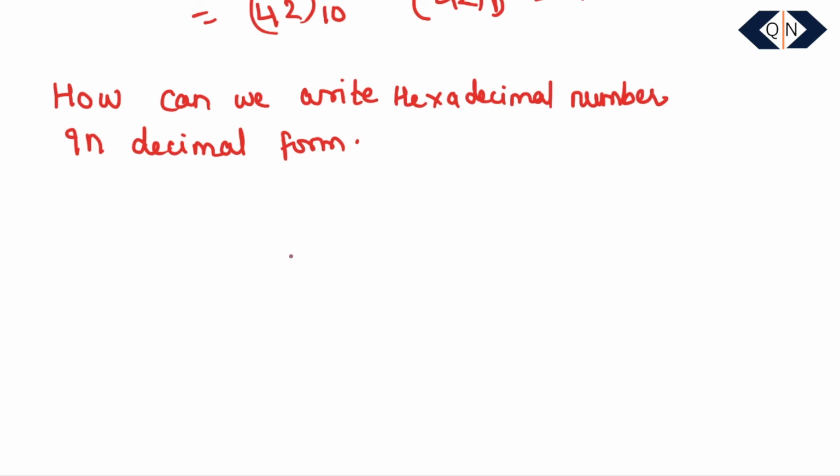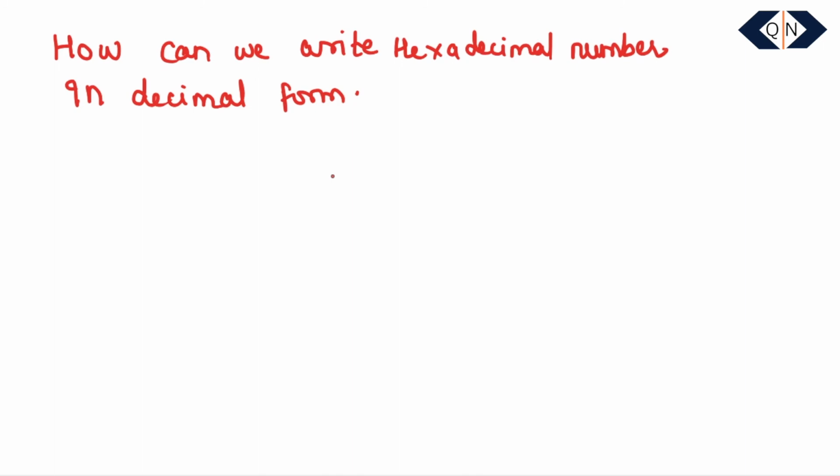So hexadecimal consists of 16. In the decimal, we have already seen the digits 0, 1, 2, 3, 4, 5, 6, 7, 8, 9. Since we will be having 16 digits, how are we going to represent them? It means 16 symbols should be there. These are all symbols 0, 1, 2, 3, 4. So there should be 16 symbols.